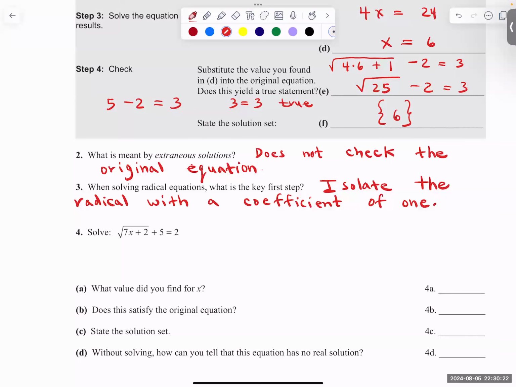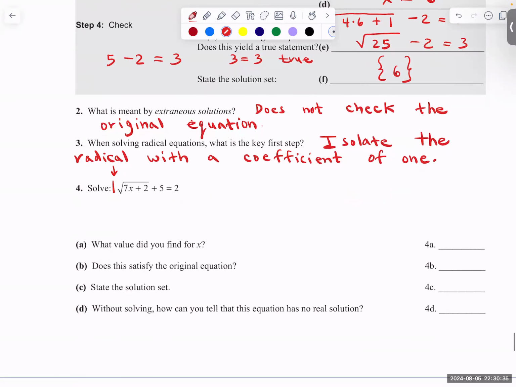For example, number 4, we have the principal square root with a coefficient of 1. Add 5 equals 2. All right, so let's begin by isolating the square root term, subtracting 5 from both sides.